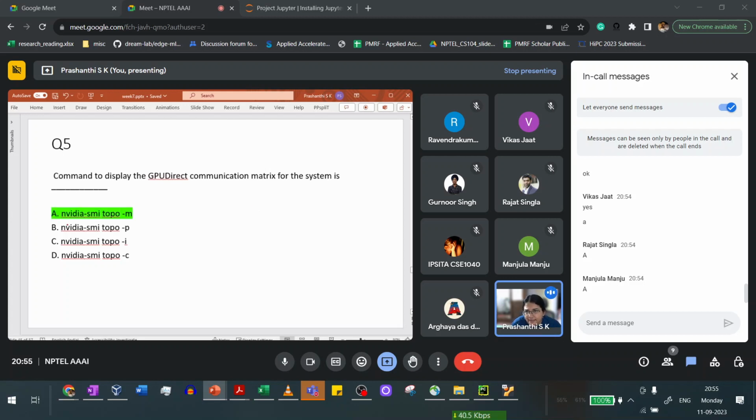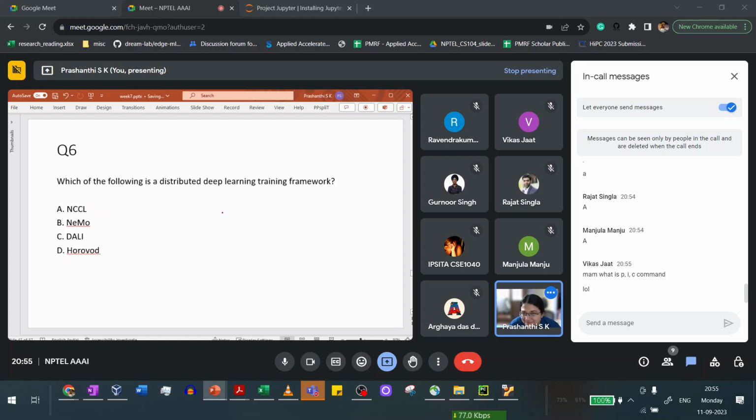Yes, A is the right answer, as we saw earlier, topo -m. If you're interested, you can look at this command's man page, or manual page, to see if these are valid options and what they do. That's what I'm about to suggest as homework, so you can go look that up.